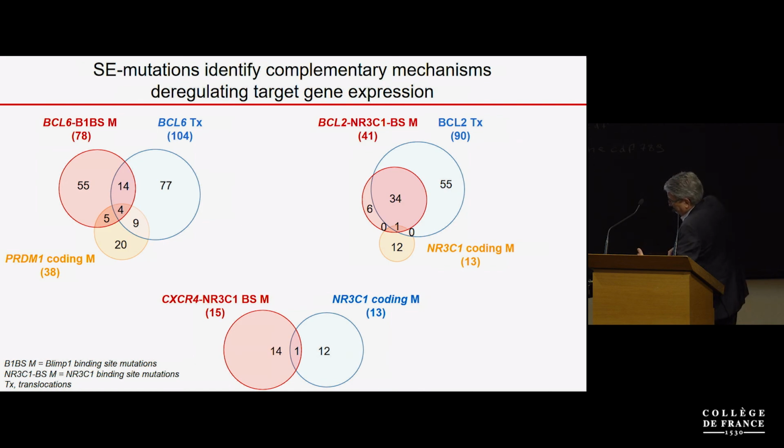So we expect that when all the work is done, it will take a long time, there will be more biology of genes like these 2 in the pathogenesis of BCL6, whether others will just be complementing. And we already know that there are deregulated genes that we never thought of, because they are not mutated in the coding region, that have an effect, and there will be new biological pathways that get involved.